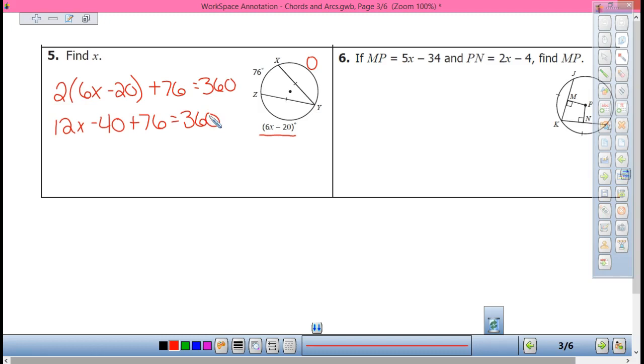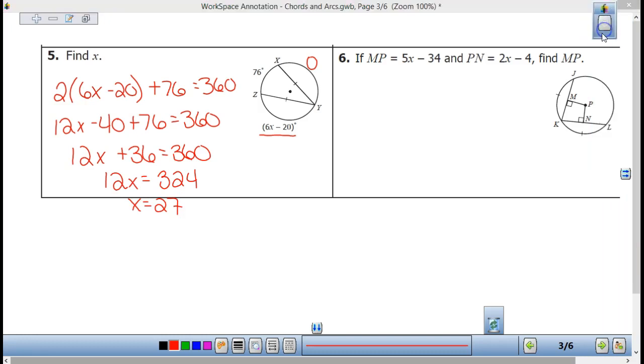Now we've got to combine like terms, so 12x plus 36 equals 360. 12x equals 324, and x is 27. So far so good, right?